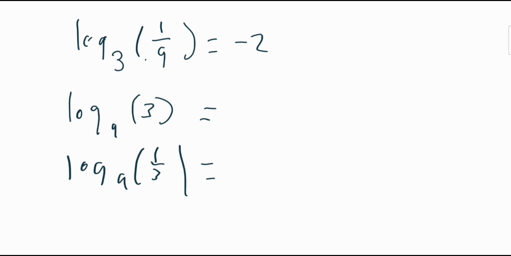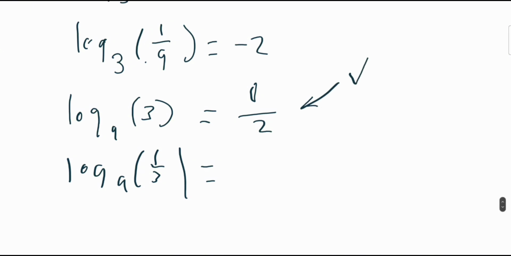There's a larger base number than the answer, so log base 9 of 3 is going to be 1 over 2. Because it's 1 over 2, it's basically asking the square root of 9 equals what? And the square root of 9 we know equals 3.